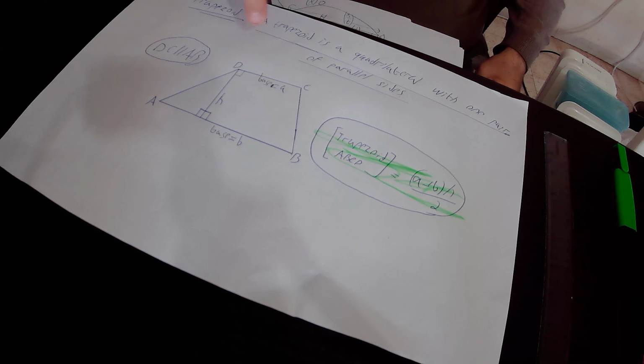Its area equals the sum of its two bases, A plus B, times the height h over 2. The two bases must be parallel to each other, and the height h must create 90 degrees with the two bases. Again, the area of this trapezoid ABCD equals A plus B times h over 2.